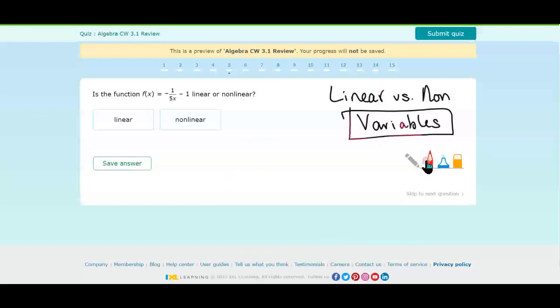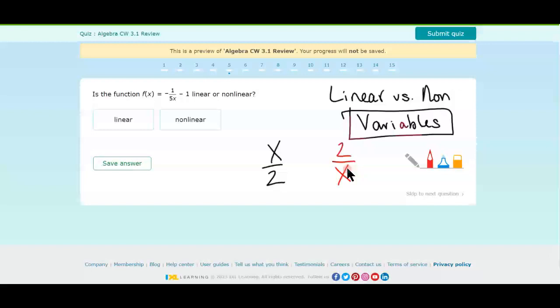And here's why. We could have x over 2, and we could have 2 over x. Are these linear or nonlinear? Are they both linear? Are they both nonlinear?